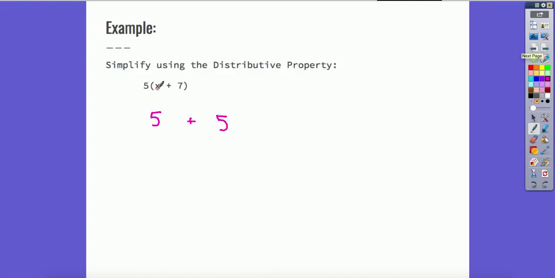Then I've got the X, which is the first piece on the inside, and the 7, which is the second piece. Now all I need to do is simplify. 5 times X remains 5X, plus 5 times 7 is 35. And so I have done the distributive property, and I have simplified this from something that looked long and weird to just two terms, 5X plus 35.